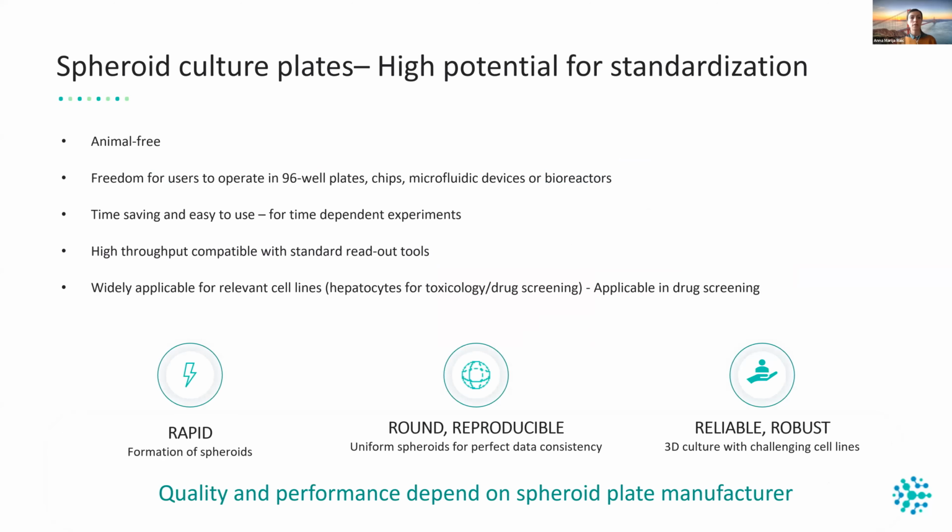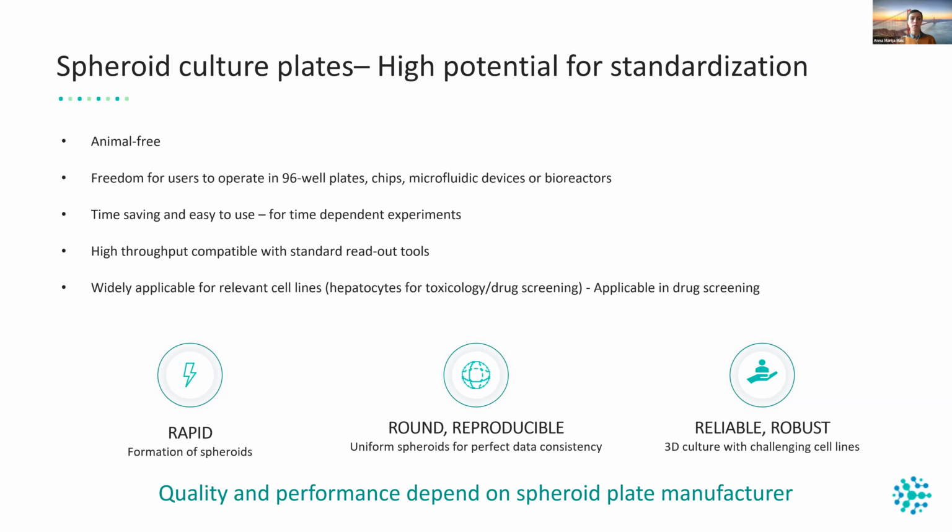So spheroid plates have a high potential for standardization, but they need to meet several requirements. They need to be animal-free. They need to provide the user the freedom to operate, for example, in the 96 well plate, in chips, microfluidic devices, or bioreactors. They need to be time-saving. They need to be high throughput compatible, and they should be able to work with relevant cell lines.